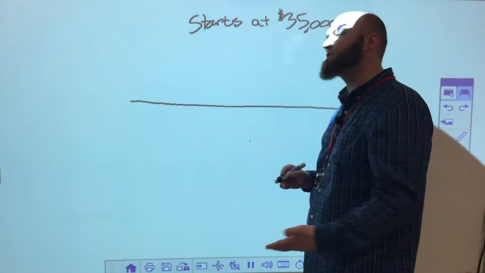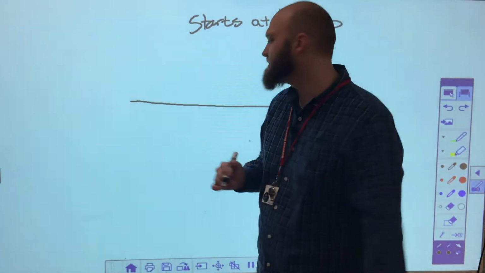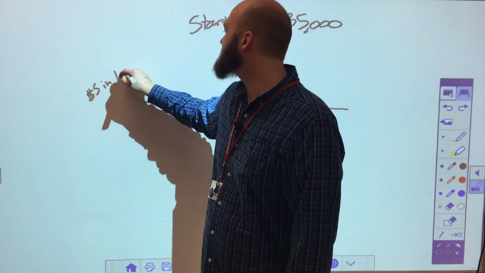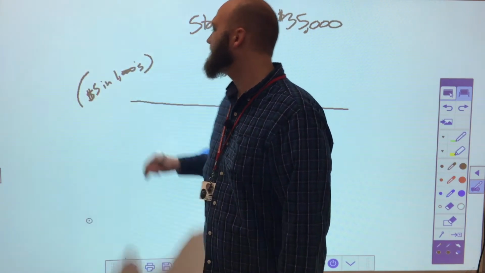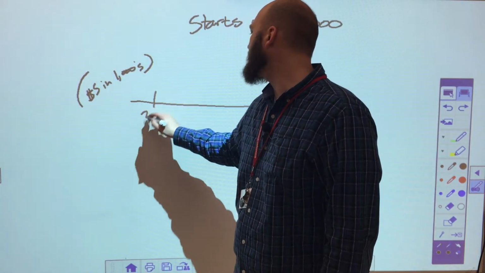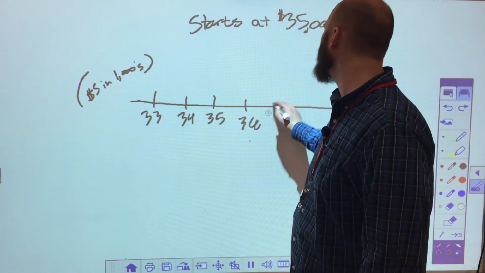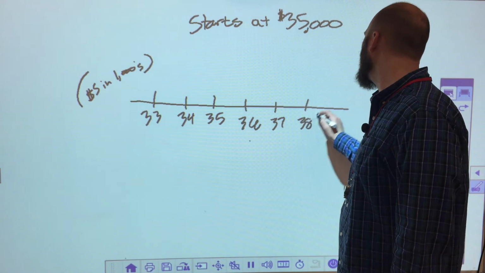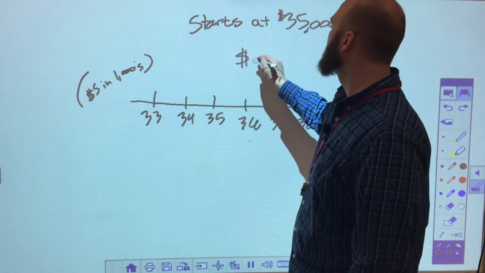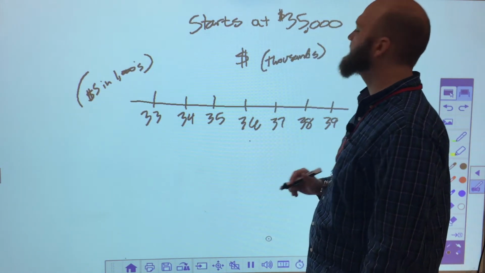This is going to be dollars in thousands, just so I can shorten up my graph time here. And let's start with 33, 34, 35, 36, 37, 38, and 39. And again, we know that these are dollars in thousands.